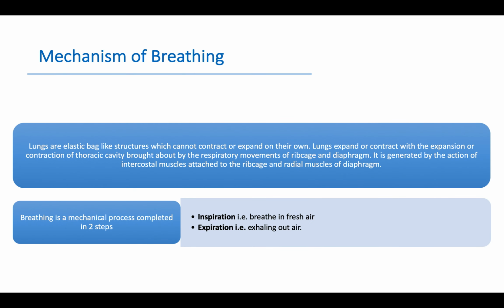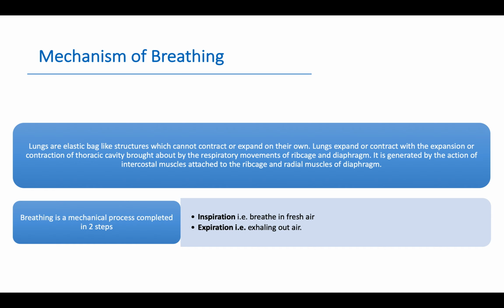Mechanism of breathing. Lungs are elastic, bag-like structures which cannot contract or expand on their own. Lungs expand or contract with the expansion or contraction of the thoracic cavity, brought about by the respiratory movement of the rib cage and diaphragm.